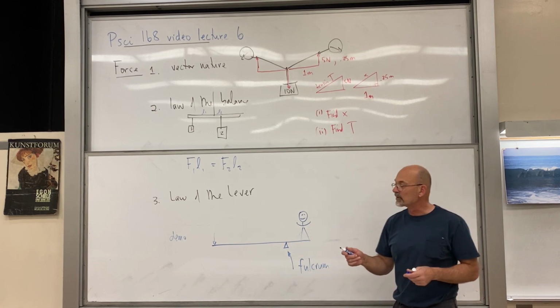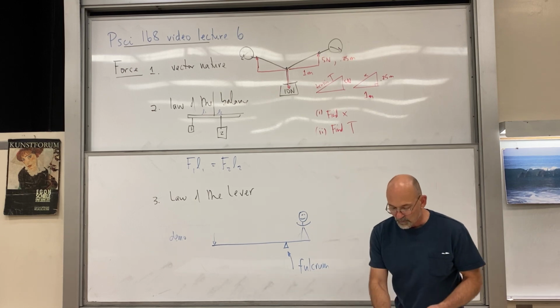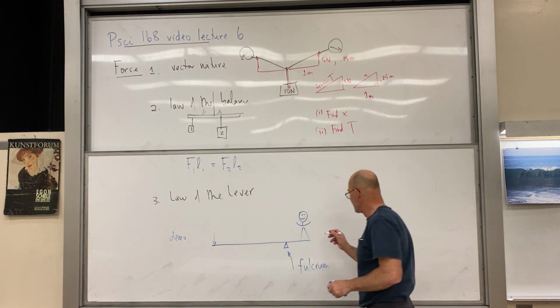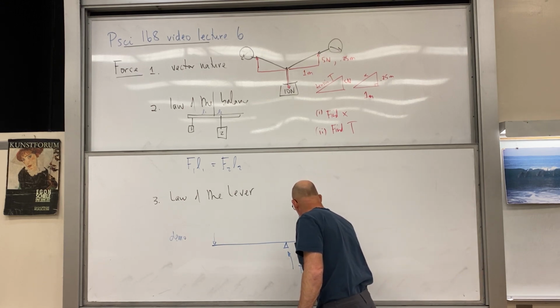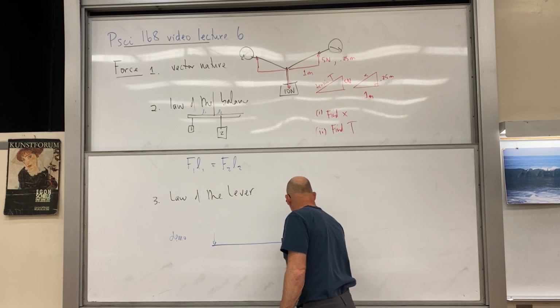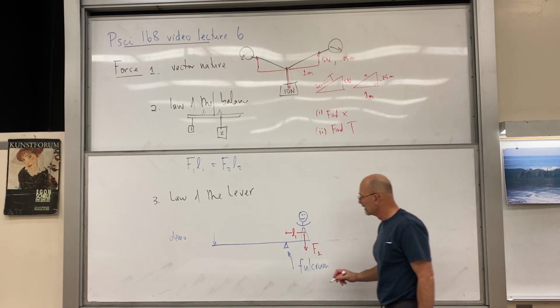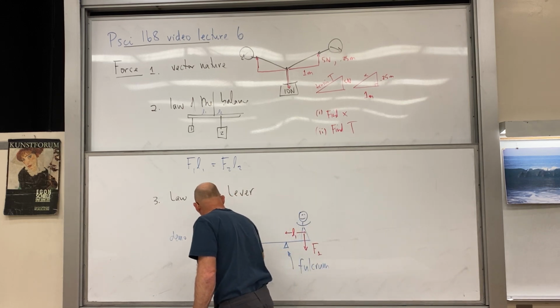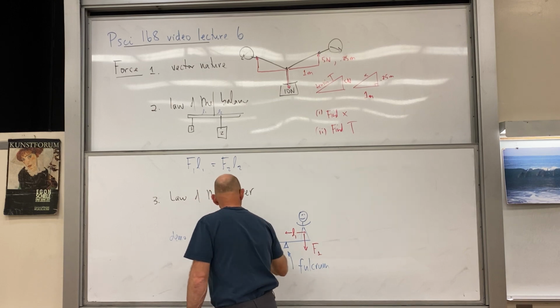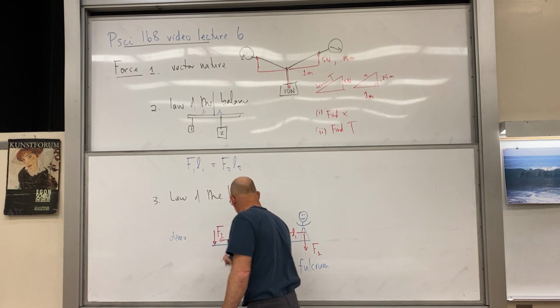Now the law of the lever is going to be just like the law of the balance. So I'll just label it the same way I had labeled. So this is going to be your weight, we'll just call it F sub 1, and this is going to be the distance, L sub 1, to the fulcrum, and then this here we're pushing down with F sub 2, and L sub 2 is going to be the distance to the fulcrum.